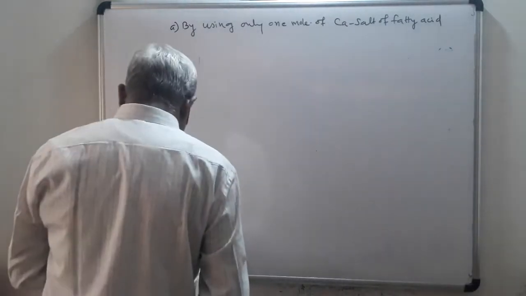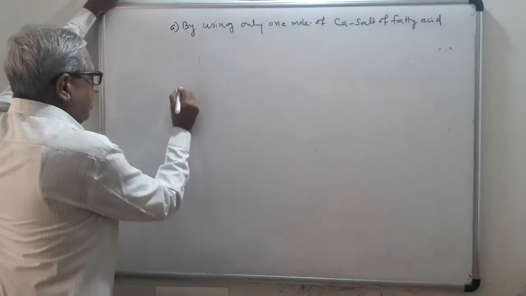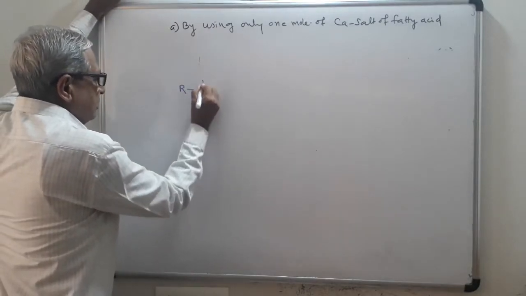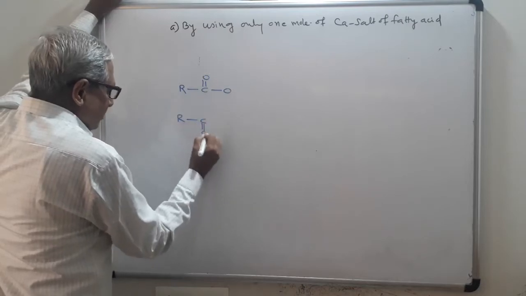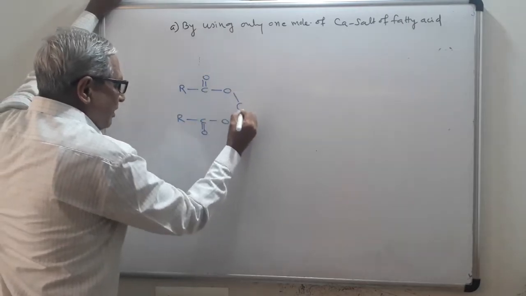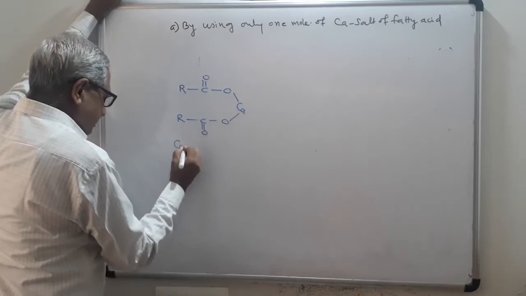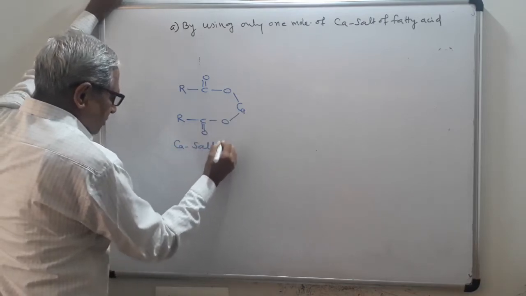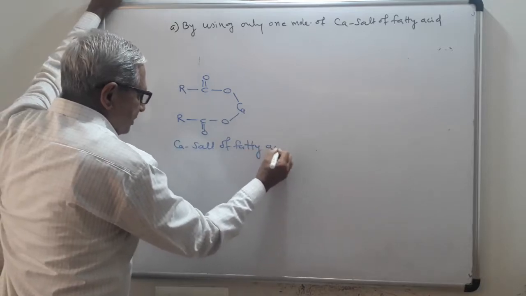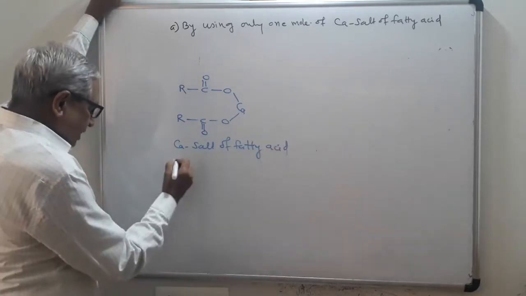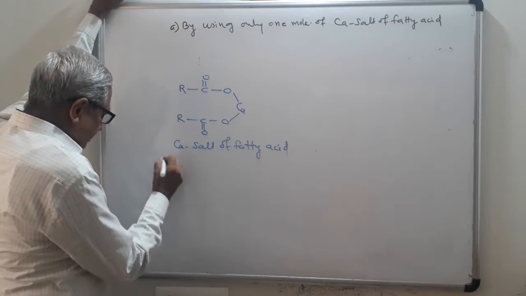See the reaction here. RC double bond O, RC double bond O, O, Ca. This is the calcium salt of a fatty acid, or we can also say carboxylic acid. Suppose I take 3 examples.